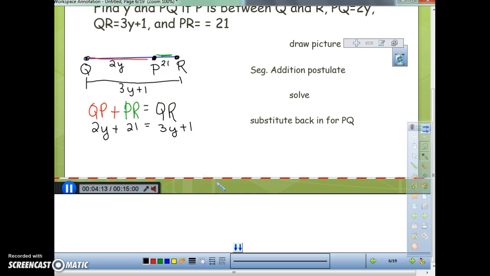And now we're back to an Algebra 1 type problem.